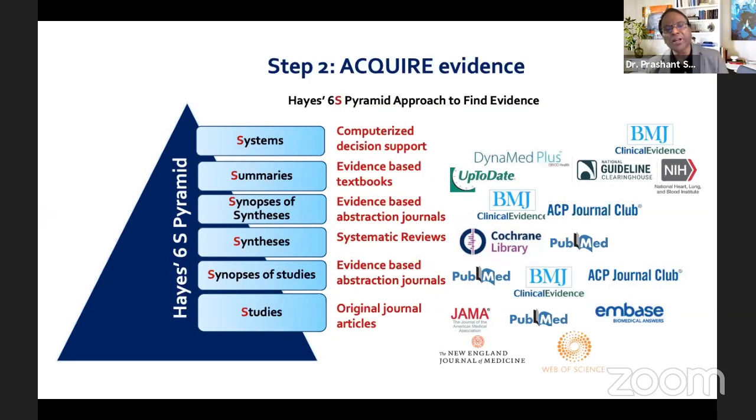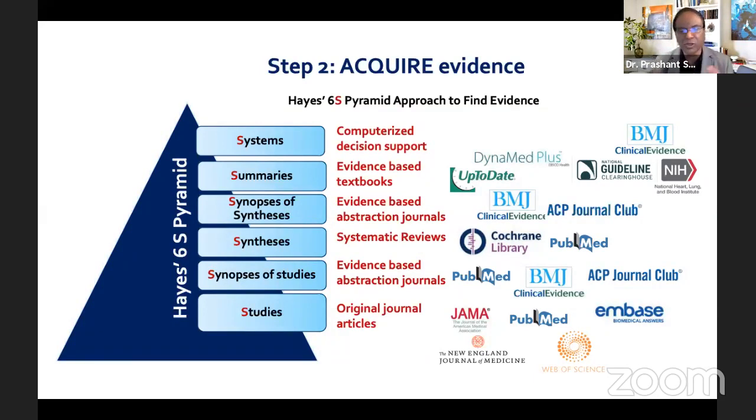On top of that, you have summaries. Now, a summary is one of the most comprehensive sources for finding the evidence because it's a combination of synopsis of synthesis and expert opinions. They form a comprehensive document and are published as practice guidelines or treatment guidelines by NIH, by JNC7 or by GOLD.